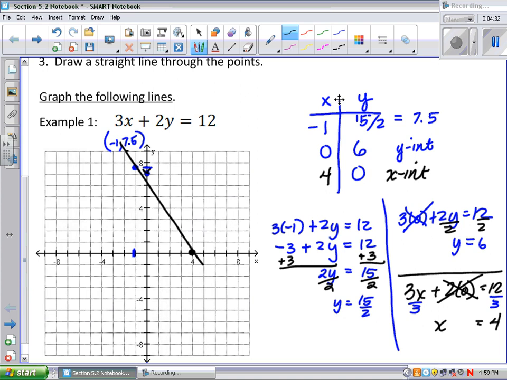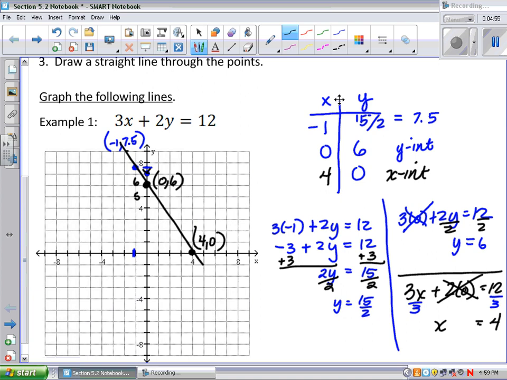If I count my tick marks, 1, 2, 3, 4, 5, 6, that point was supposed to be at 6. It was supposed to be 0, 6, and this one was 4, 0. So my points do line up. I have graphed the equation 3x plus 2y equals 12.